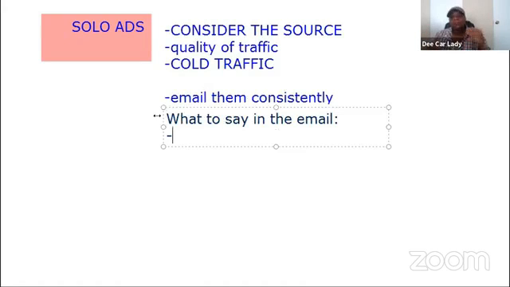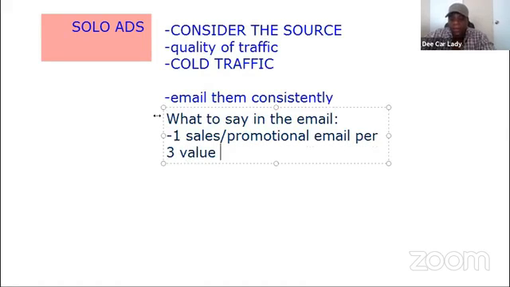What I found to work best is, let's say for every three value emails, you put in one sales email. So one sales or promotional email per three value emails.